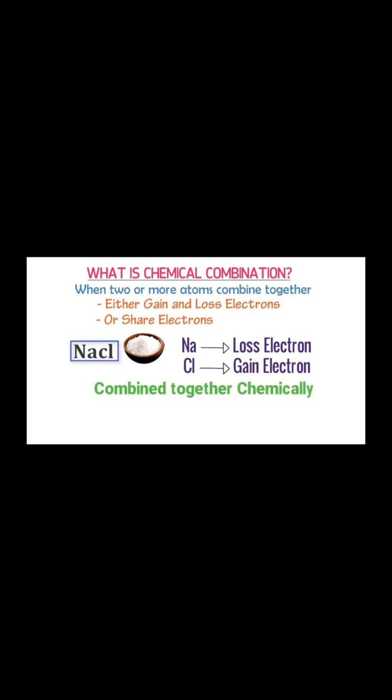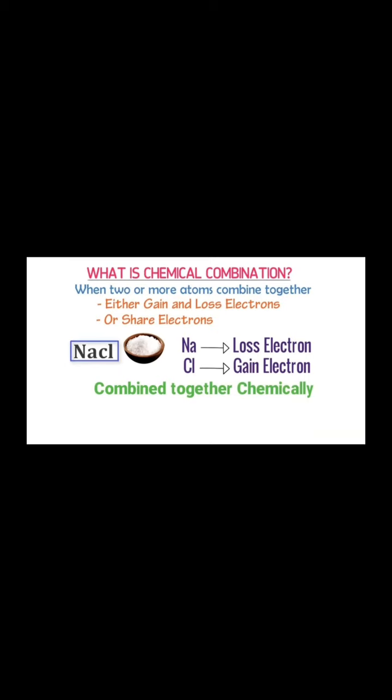For example, in sodium chloride, sodium atom loses one electron and chlorine atom gains one electron. Hence, they are combined together chemically.